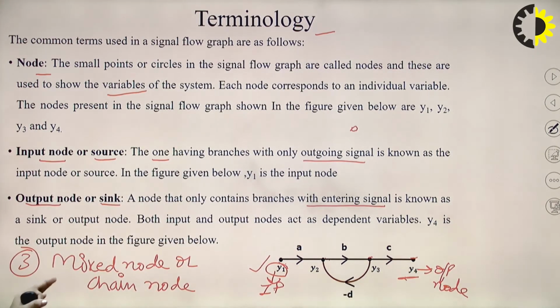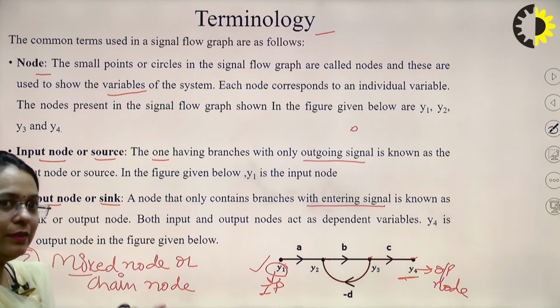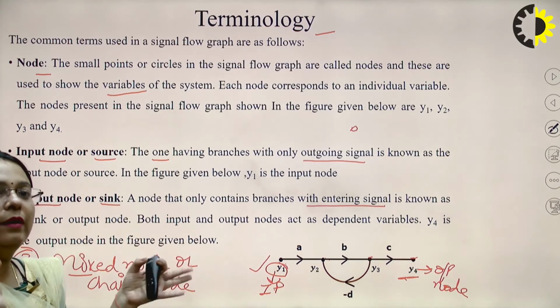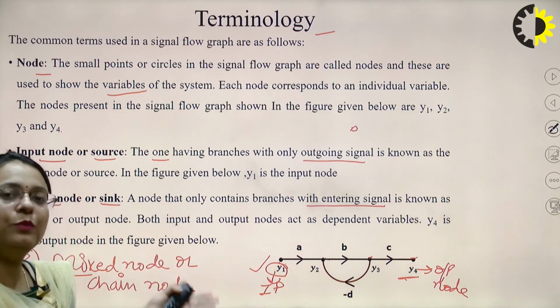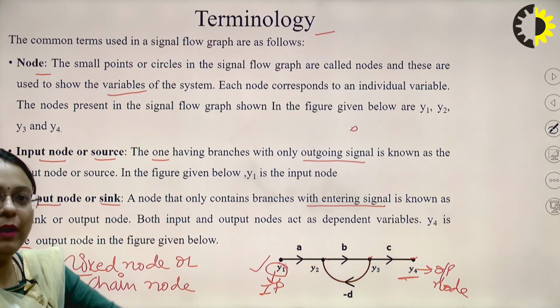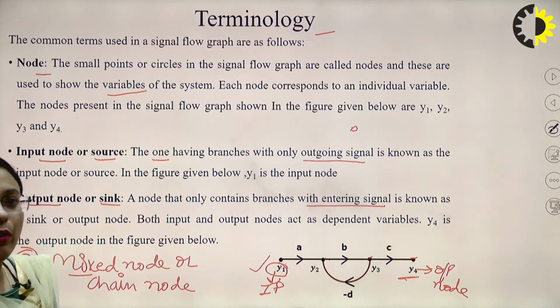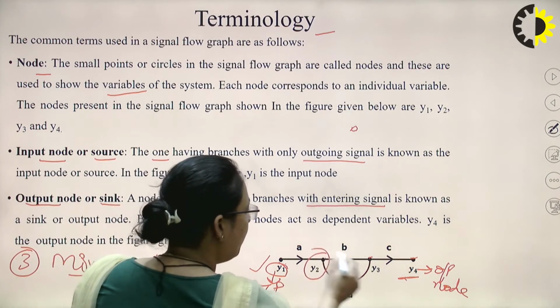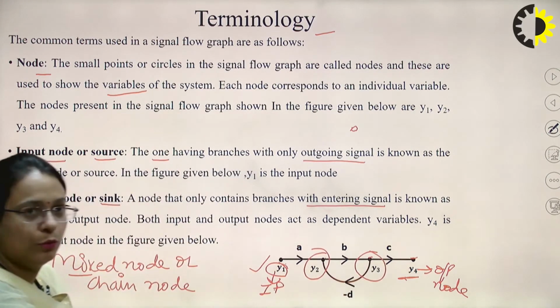And the node which is having both incoming signals as well as outgoing signals, that means the node at which branches are entering as well as leaving, is called the mixed node or the chain node. Here you can see Y2 and Y3 are the mixed nodes.